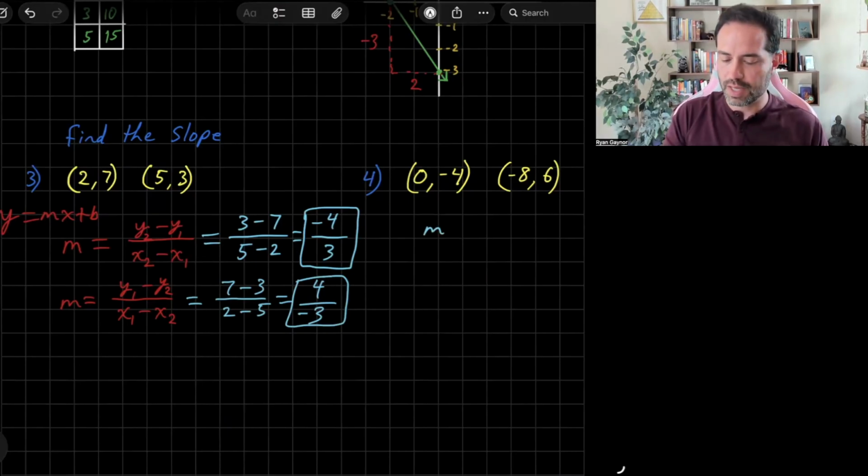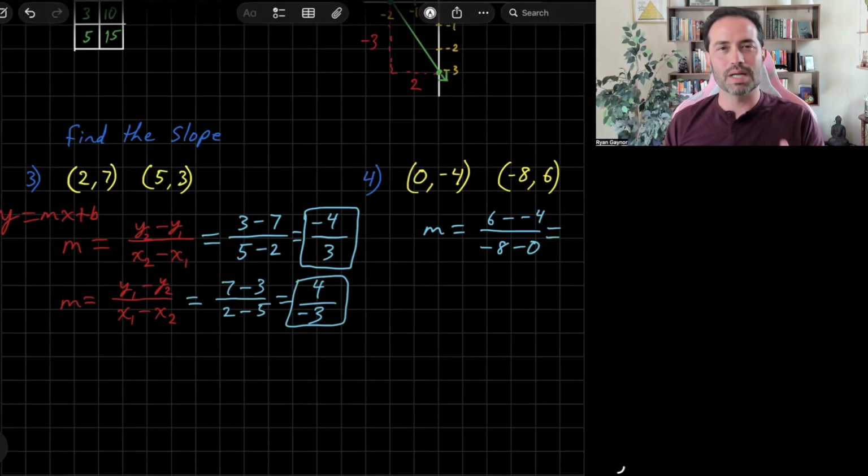So we have m equals the second y minus the first y, but notice the first y is negative, so I still have to put another negative sign. And then we have the second x minus the first x. 6 minus -4 is 6 plus 4. 6 plus 4 is 10.